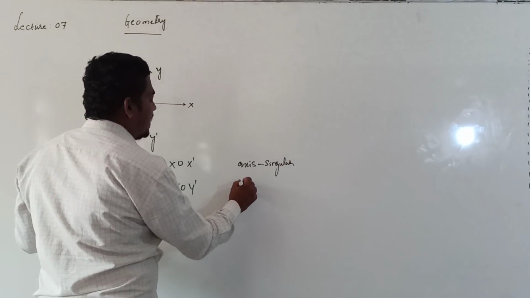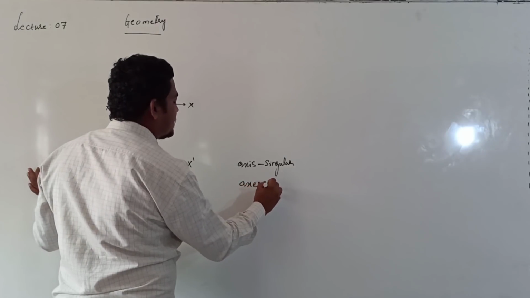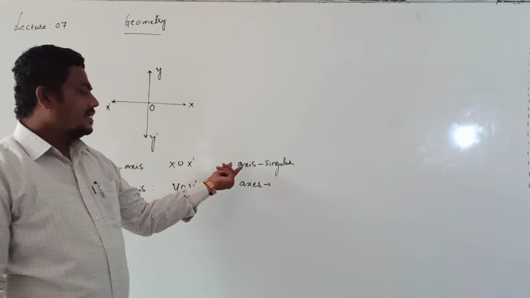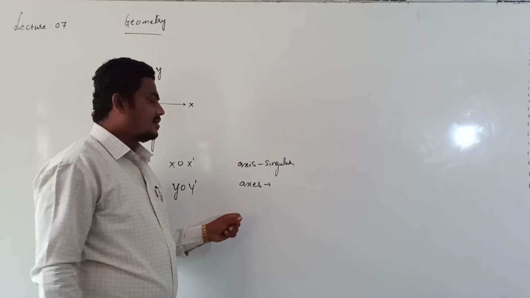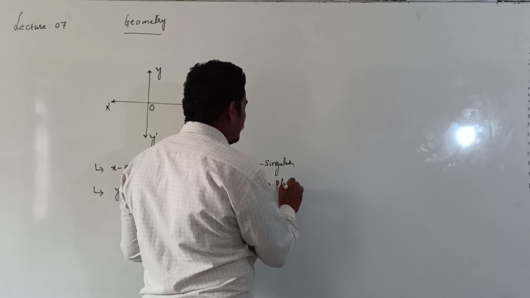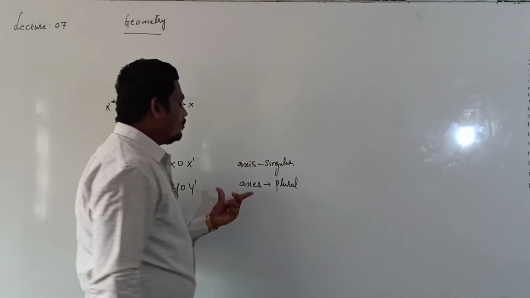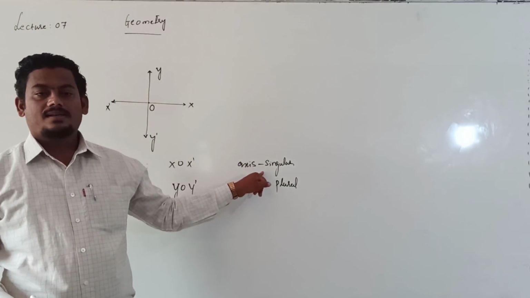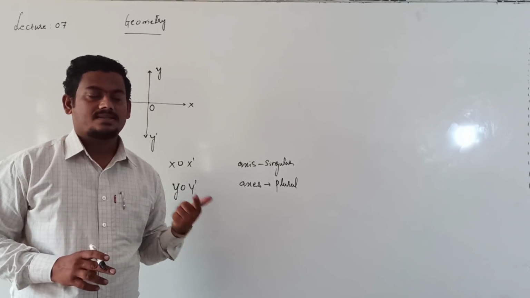Singular form. AXES, axis, it is also axis. Pronunciation is same. AXES, it is plural.